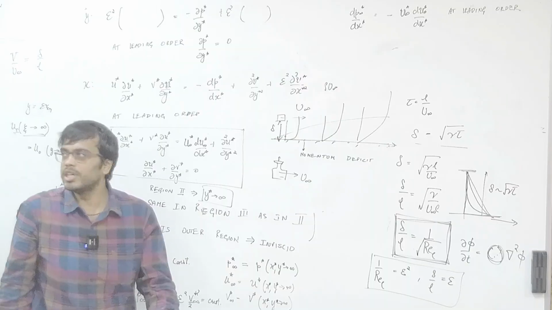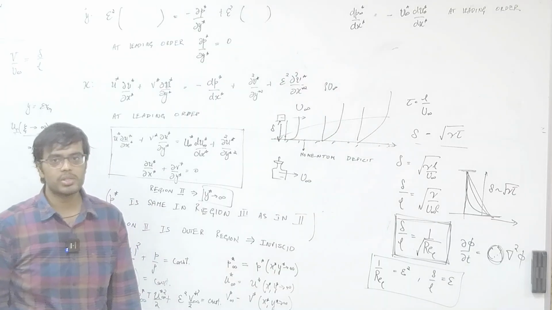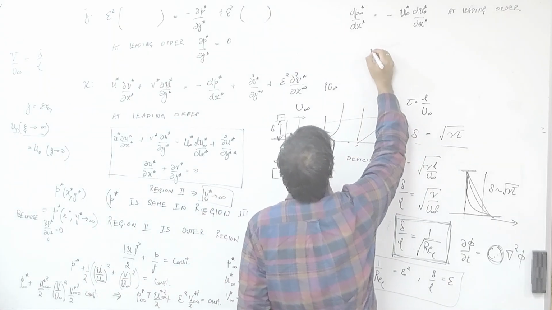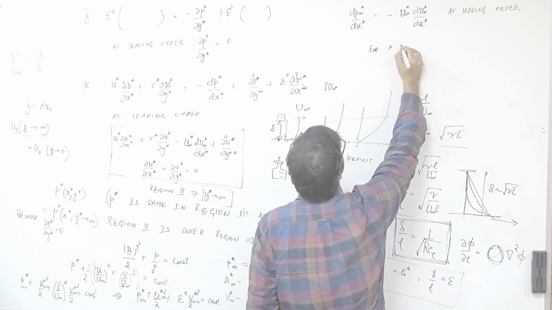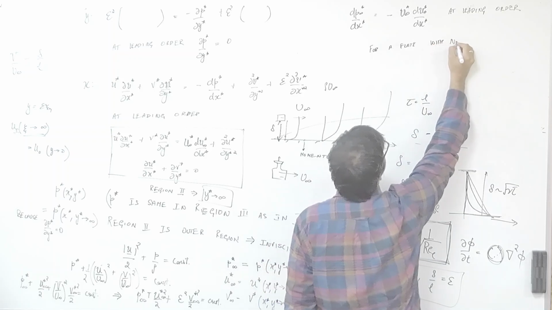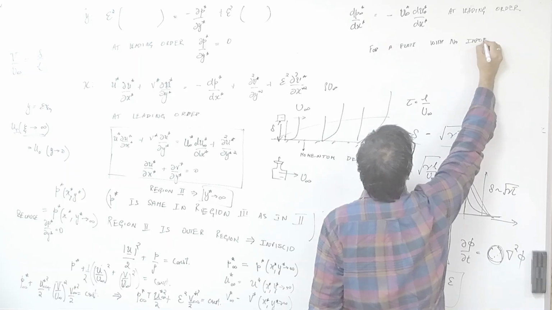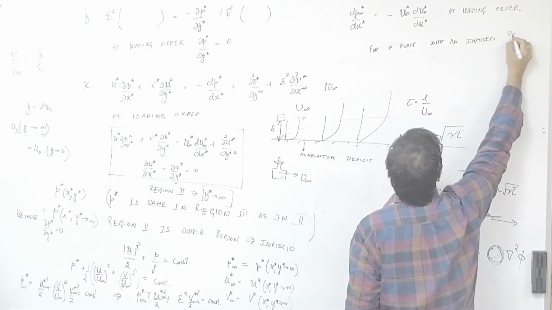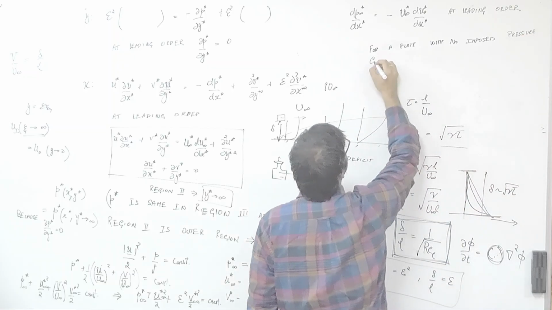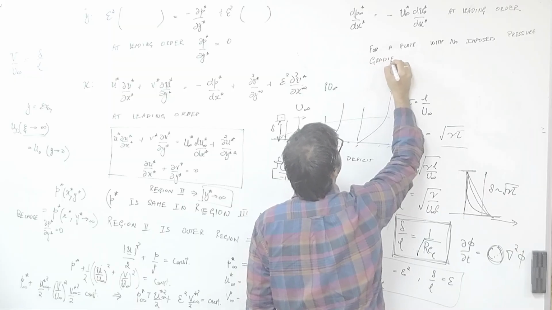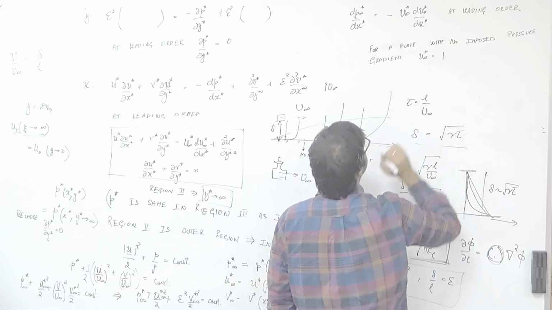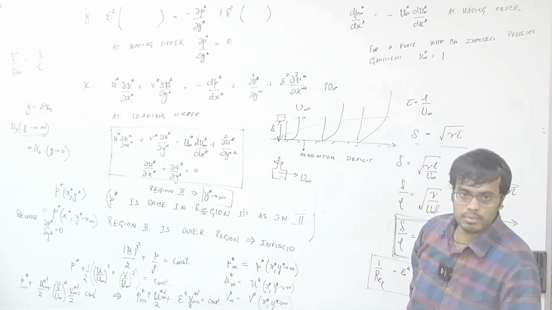V is anyway 0 coming from infinity. So for a flat plate with no imposed pressure gradient, u infinity star is basically 1, right?